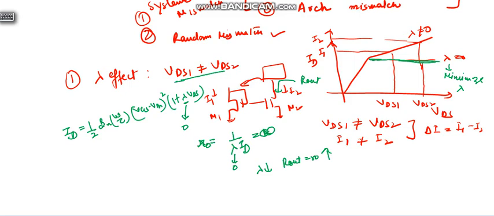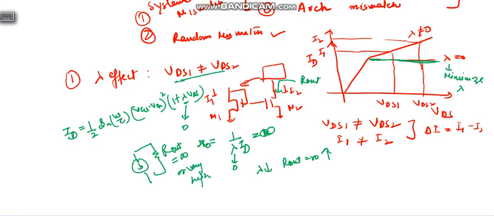In another way we can say, for any current sink or current source, we want the output resistance to be infinity or very high.